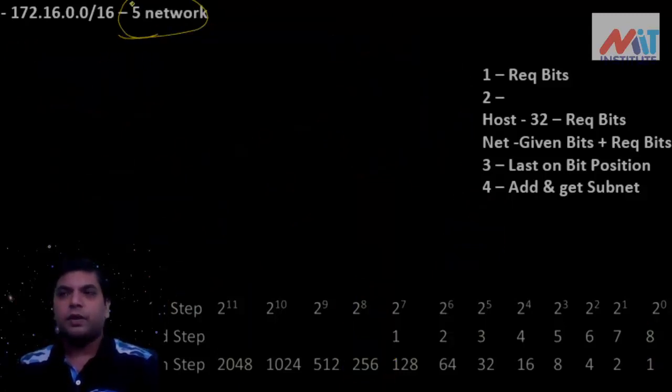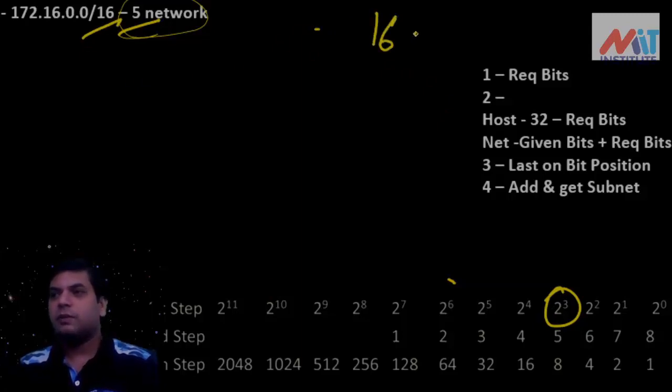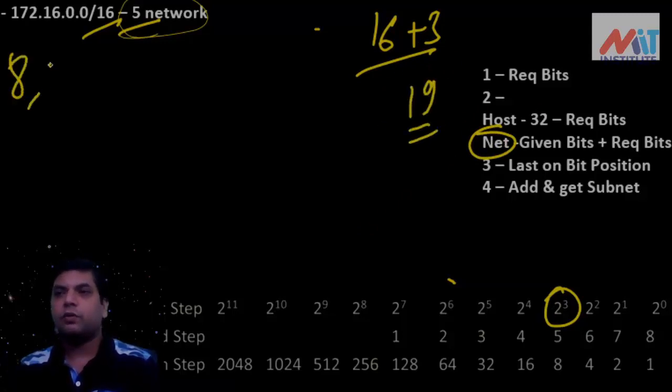Next example, for 5 networks. Now we need to create subnets for 5 networks. For 5 networks we need 3 bits. Given the subnet mask is 16, we need to add 3 because now we have to create subnets for the required networks. We will get 19. With 19, first octet full, second full, and in the third octet we will have 3 bits on.